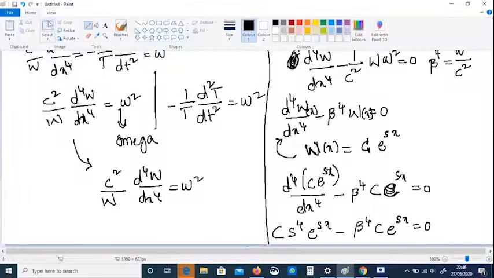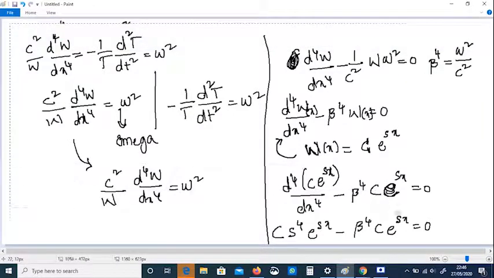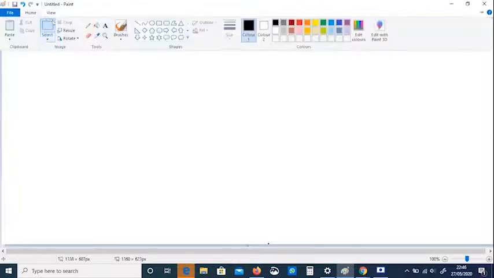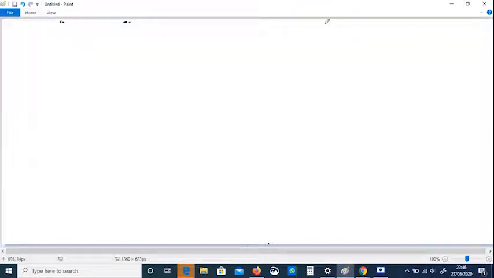What is that expression? s to the power of 4 minus beta to the power of 4 equal to 0. This is the expression.